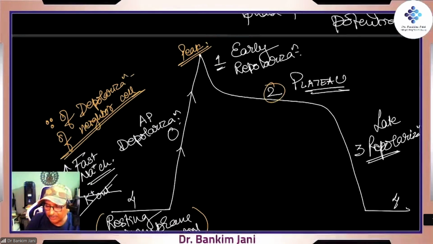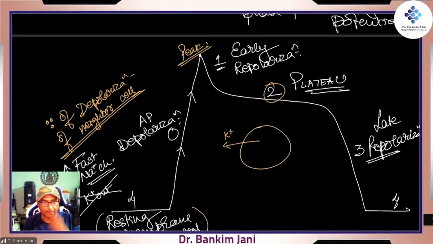We are now on to this stage. This is phase 2, which is called the plateau. Over here, the cell is sending the potassium out, but at this point, calcium enters. Which calcium channel? We understood that L-type and T-type, two are there. L-type, because it has to be executed for a long time.